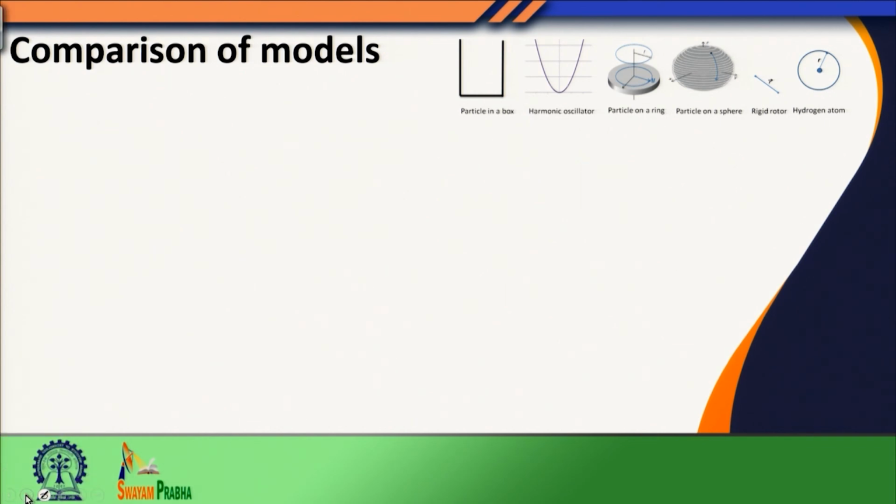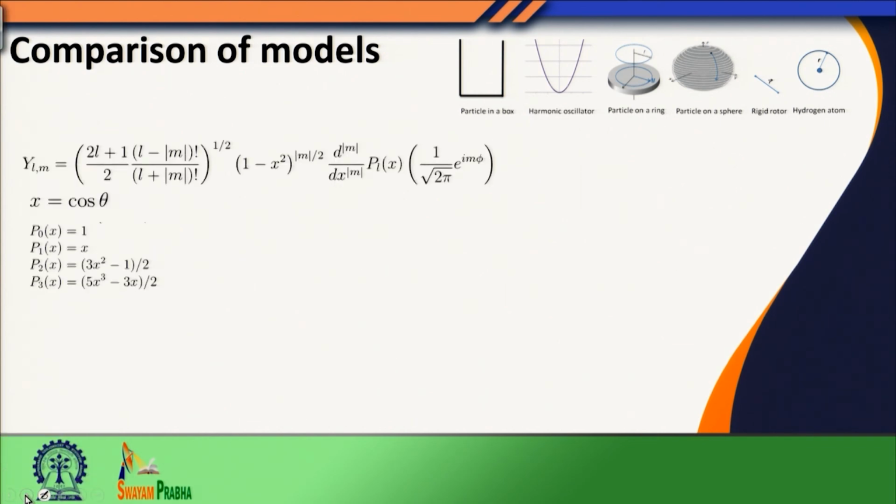Next, we discussed the particle in a sphere, where we used the eigenfunctions of the L square operator, which are the spherical harmonics. We express the spherical harmonics in terms of the Legendre polynomials, or associated Legendre functions, multiplied by this phi term.